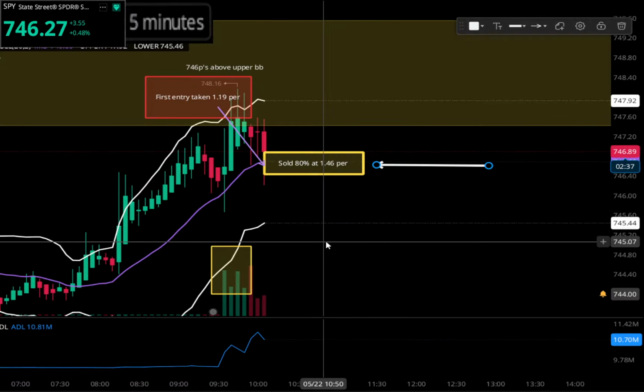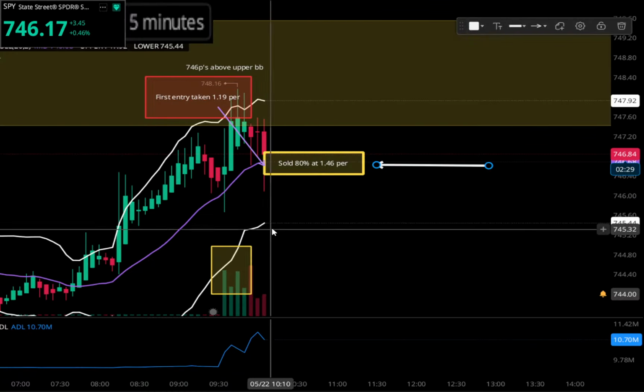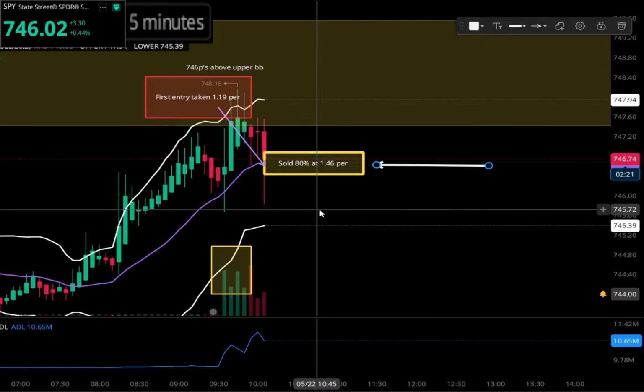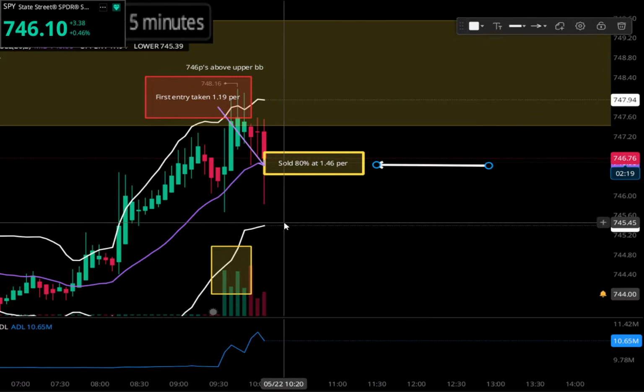So now some of these contracts I'm selling for 171 per. I still have one left over, which I am waiting to see if we can push down to the lower Bollinger today. But again, using our technicals, using our rules, we secured a very solid trade here.